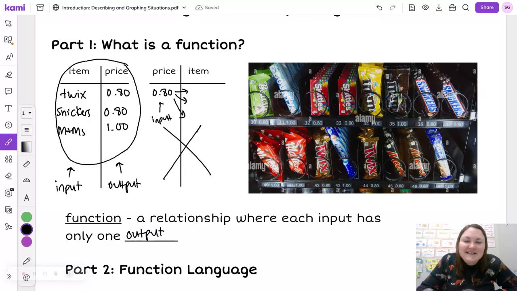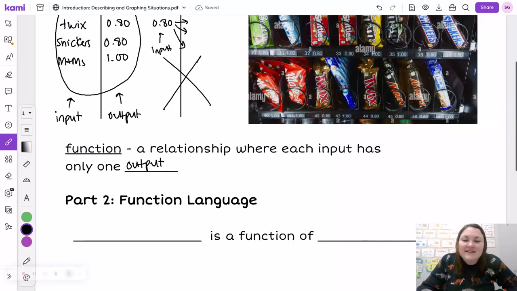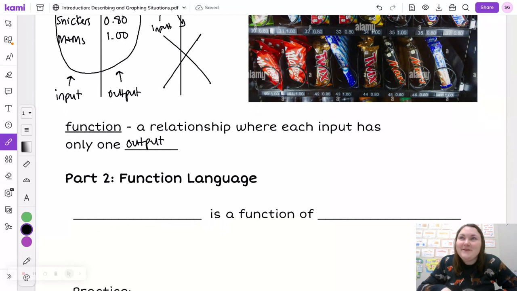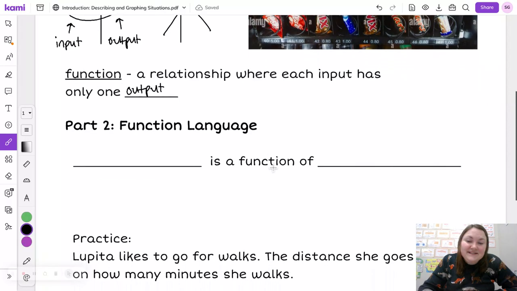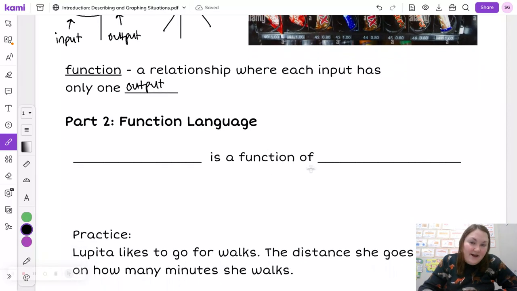In today's lesson, one of the things we're going to be looking at is if something is a function or not. The other thing we are going to see, not just in today's lesson, but I think every single lesson in this unit, is this function language. Lots of times when a situation or story is introduced to us, it's going to use this phrase, is a function of.